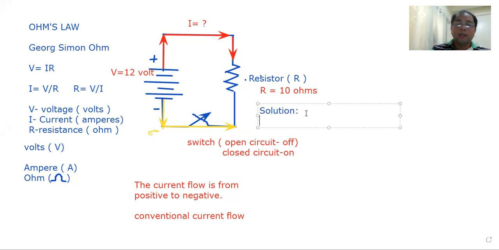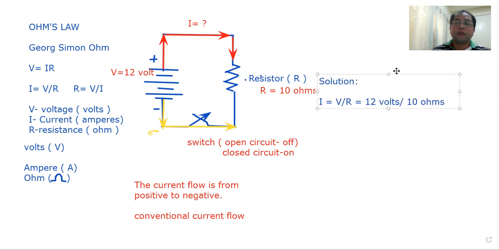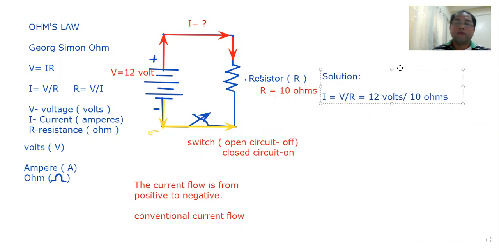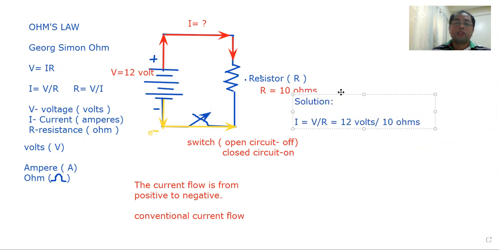So solution: I is equal to V divided by R. So we will therefore divide 12 volts by 10 ohms.